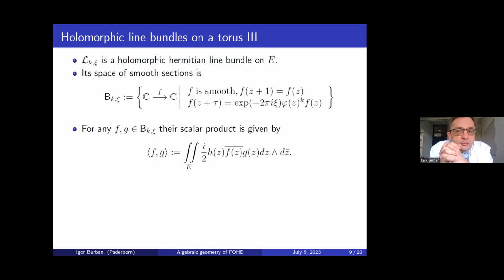Actually, it's a general fact that if we have a Hermitian complex line bundle, global sections carry a Hermitian scalar product.